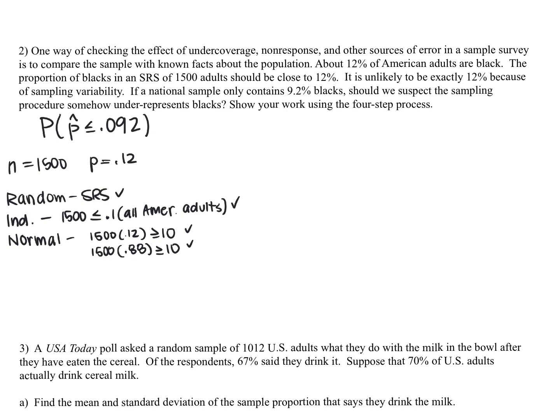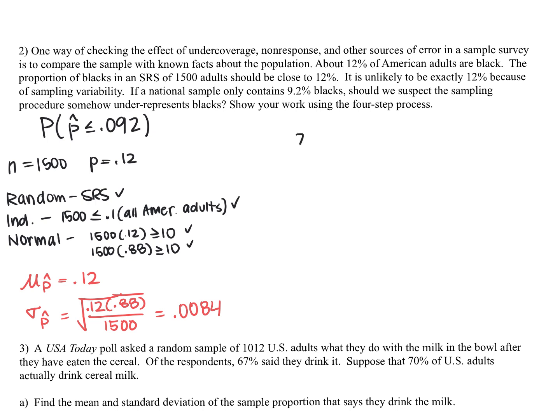So we know that our mean, mu sub p hat, is equal to 0.12. Our standard deviation, we're going to calculate by doing the square root of 0.12 times 0.88 over 1500. We're going to get 0.0084.